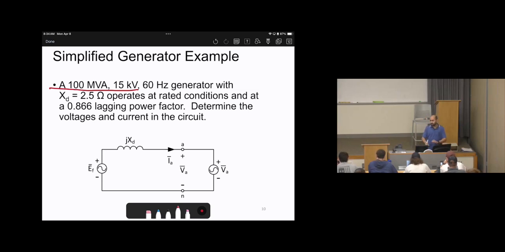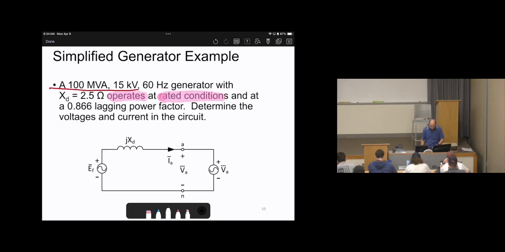But for example, when you buy a car, you can say this car can handle up to 150 miles per hour. Does this mean that you are driving at 150 miles per hour every time? No, it depends on your current operating condition. Therefore, when you do your analysis, look at what value it operates at. So here in this question, it operates at rated condition.